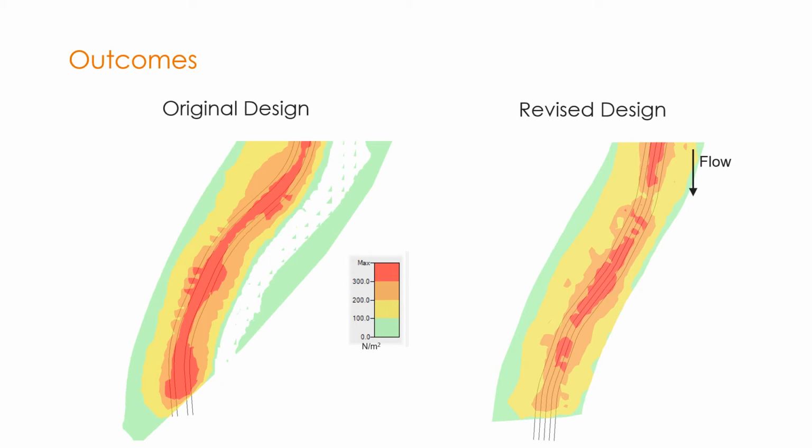Whereas the revised design, which you can see is a bit straighter with less sinuosity, keeps the higher shear stresses more within the channel, where we have some control over keeping them from eroding the channel bed, and it distributes the lower shear stresses more widely across the floodplain.